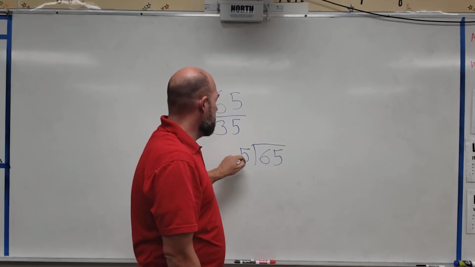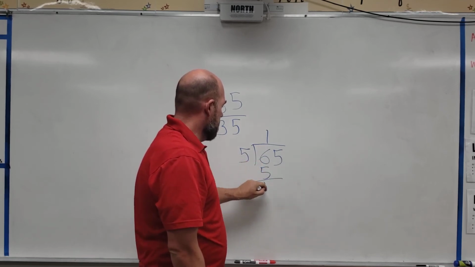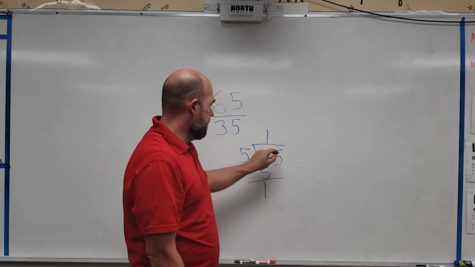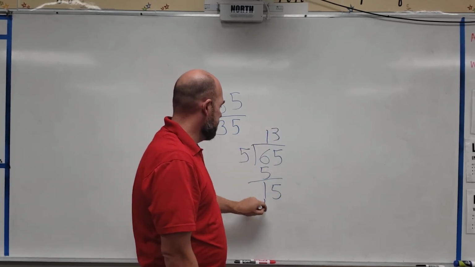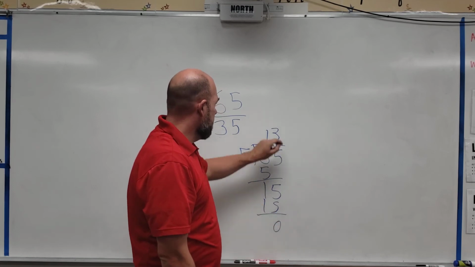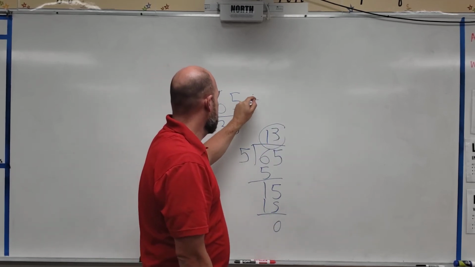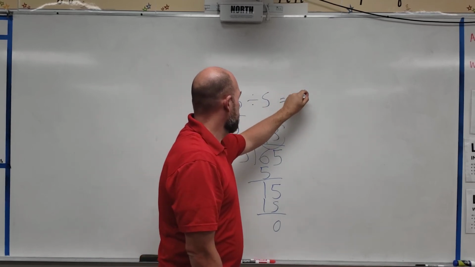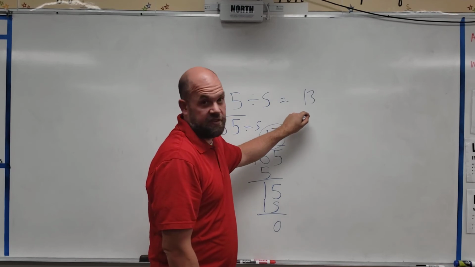So 65 divided by 5, 5 goes into 6 one time. 6 minus 5 is 1, drop the 5. 5 goes into 15 3 times, and there's no remainder. So 65 divided by 5 equals 13. 35 divided by 5, we know from our math facts, is 7.